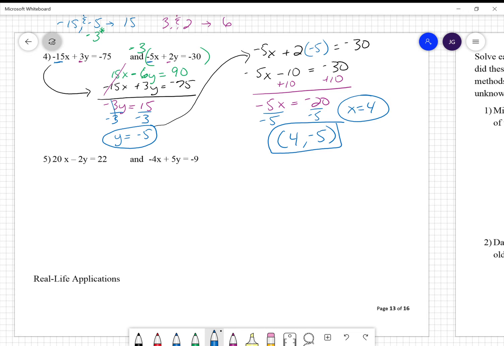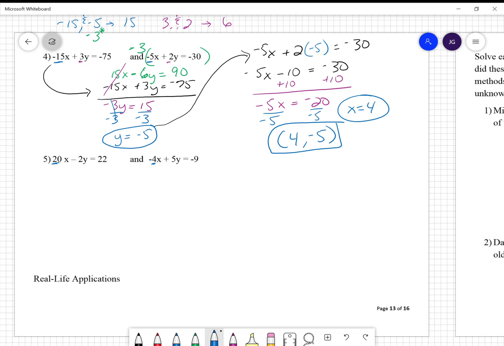In number 5, 20x minus 2y equals 22, and negative 4x plus 5y equals negative 9. Neither equation has y by itself. In looking at my coefficients, 20 and negative 4, my LCM is 20. So I have to multiply my second equation by 5.